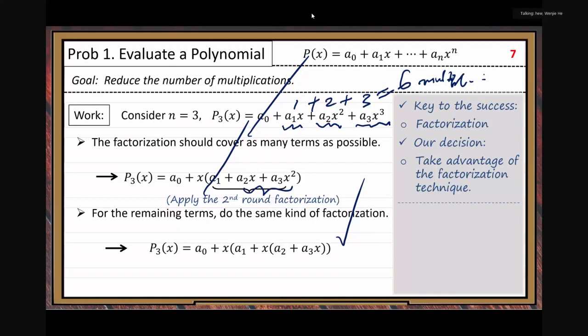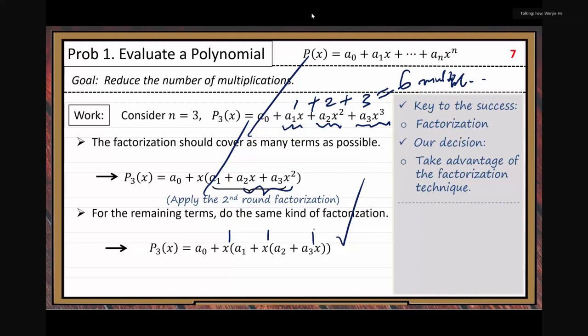Now, let's count the number of multiplications after restructuring. First multiplication: between x and the first pair of parentheses. Second multiplication: between the second x and the second pair of parentheses. Third: between A3 and x.